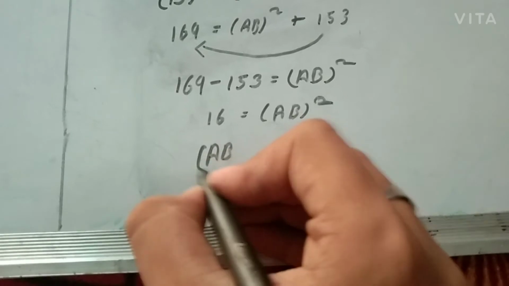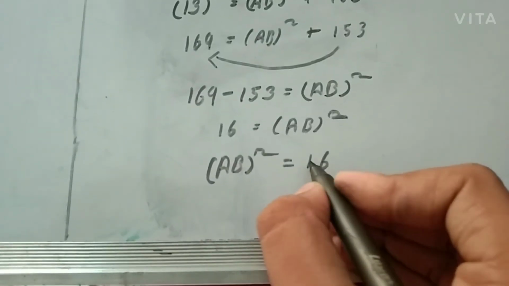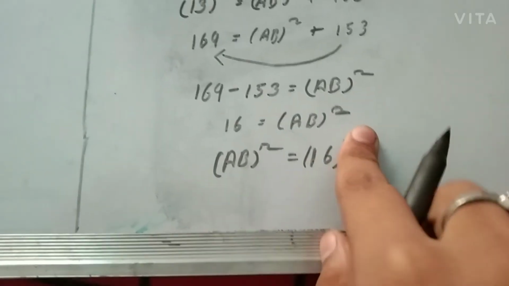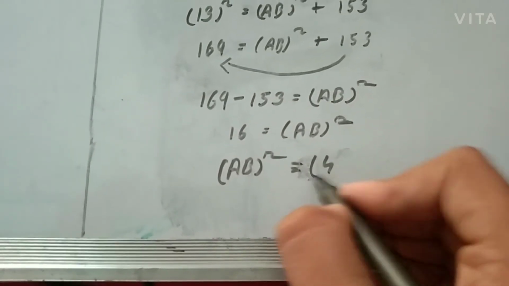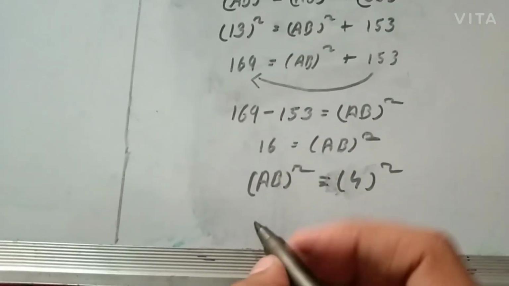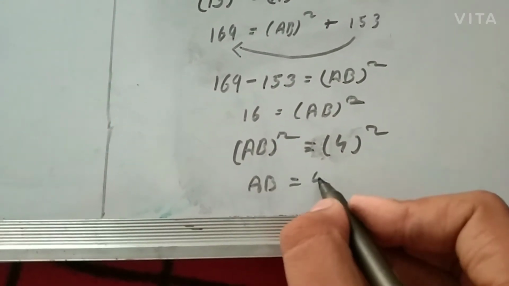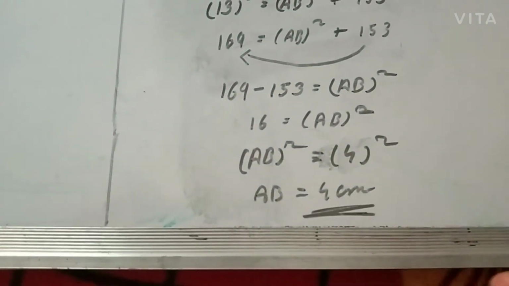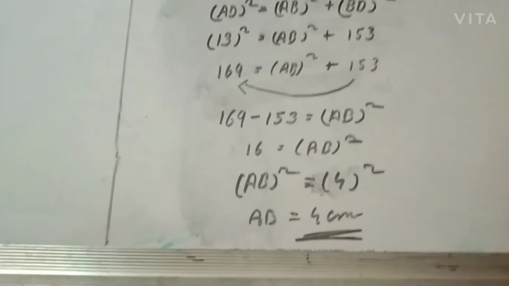AB square equals 4 square, because 4 squared equals 16. So our answer will be AB equals 4 centimeters. Let us check at the back side of the book. So let's go.